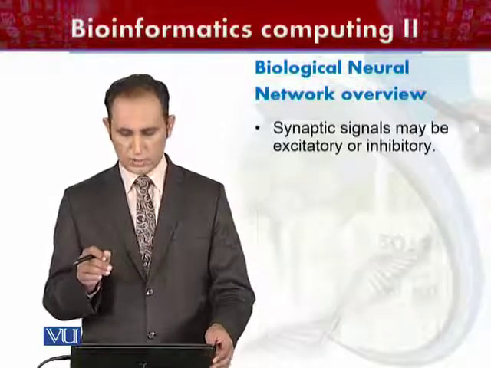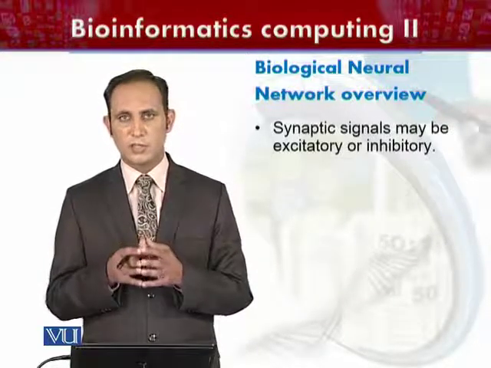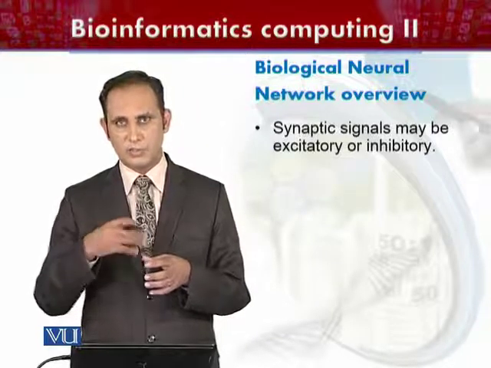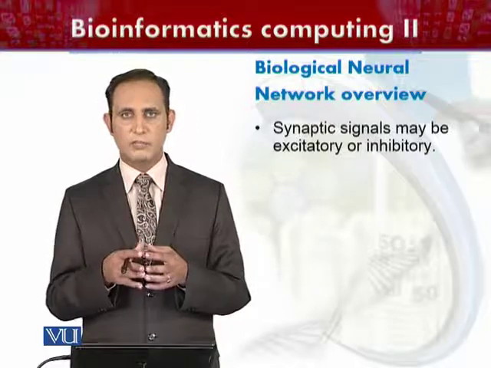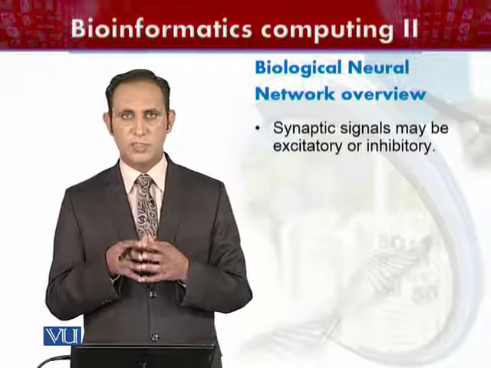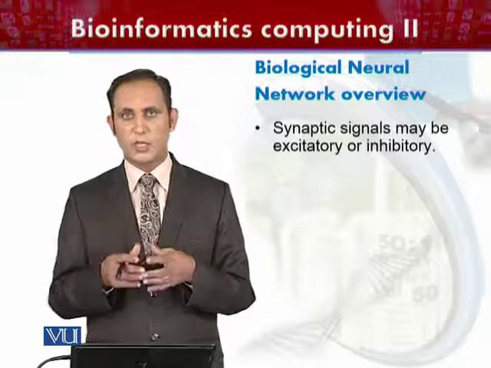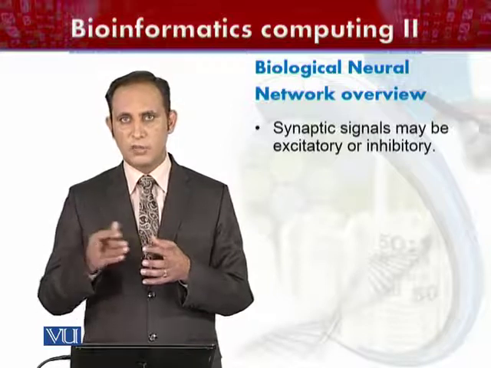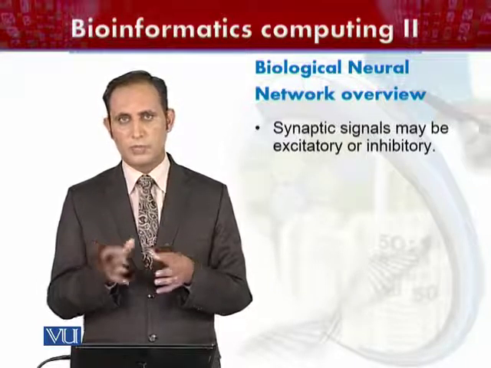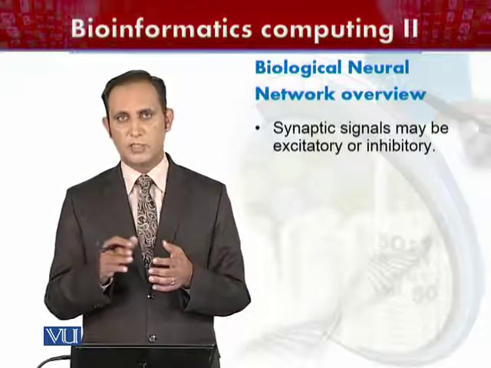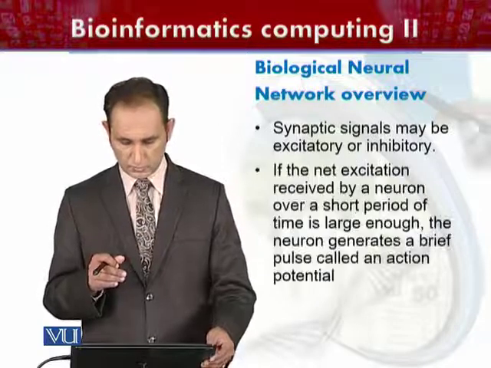Synaptic signals received by the neurons may be excitatory signals or inhibitory signals. By excitatory signals, we mean that the signal is for the excitation of something, and inhibitory signals are those produced for the inhibition of some process. So they are able to transmit both types of signal.